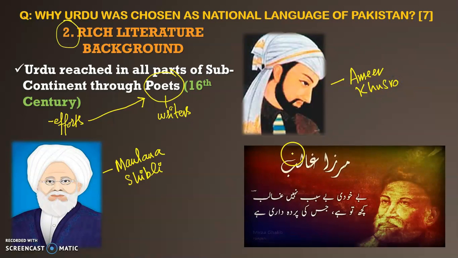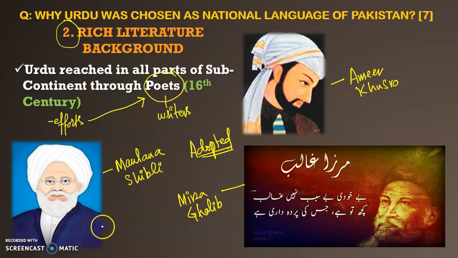The third one, a very important one, is Mirza Ghalib. Now all these poets adopted Urdu as a language in their poetry to make it accessible to all parts of the subcontinent in the 16th century. As Mirza Ghalib said, बेखुदी बेसबब नहीं गालिब, कुछ तो है जिसकी पर्दादारी है.